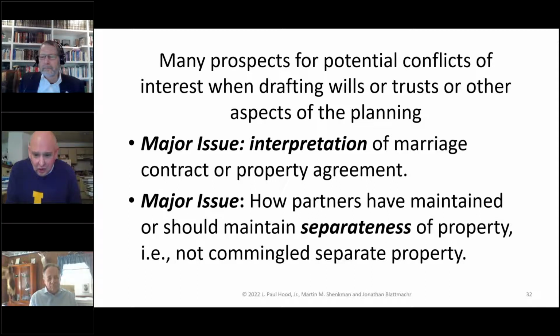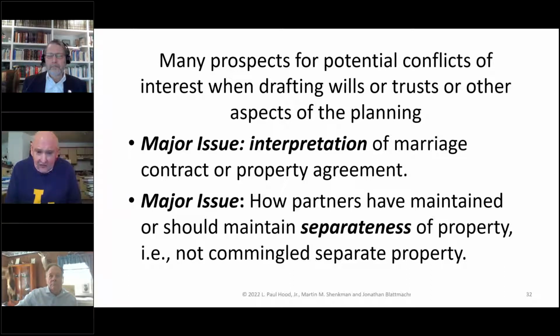When you're talking about interpreting wills and trusts, obviously on the death of a spouse, if there is a prenuptial agreement, you've got to interpret it. And in that interpretation, you've got to consider whether it would be upheld, particularly if it didn't give the other spouse enough to prevent an election against the will.